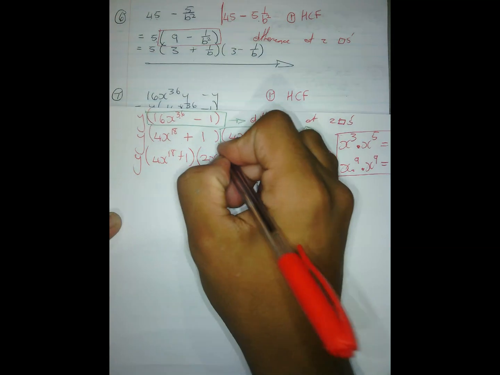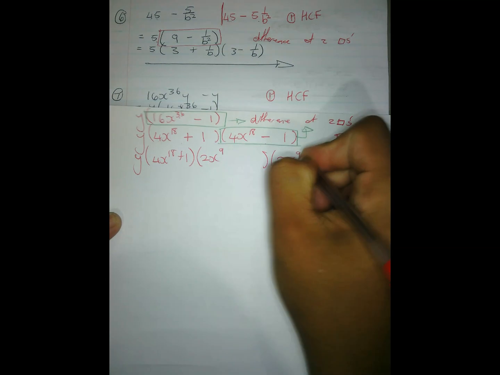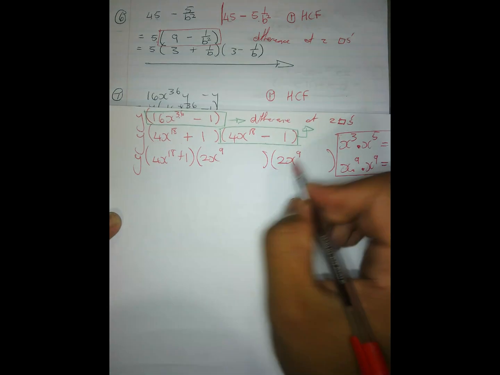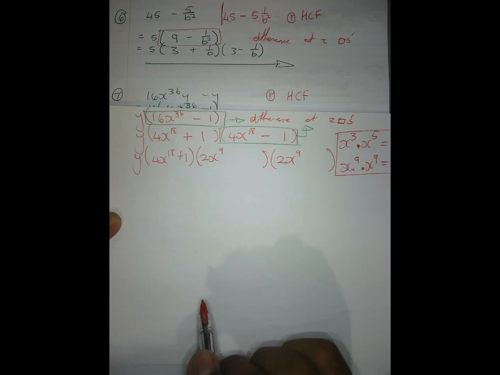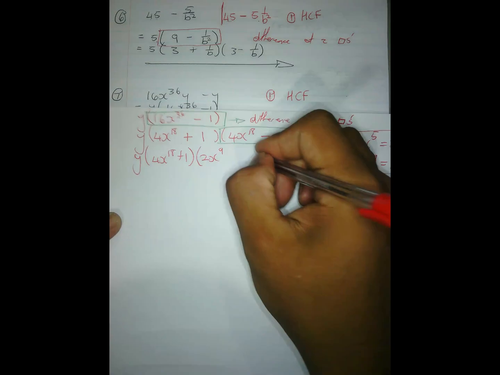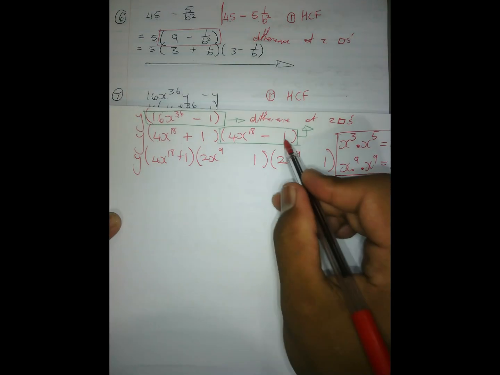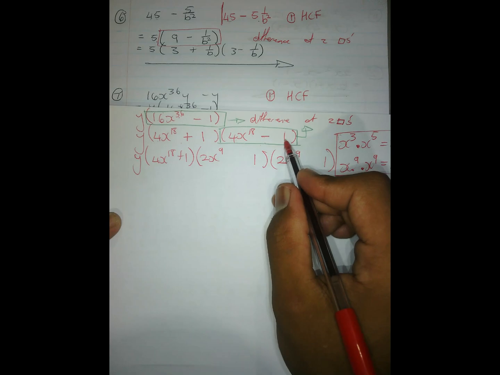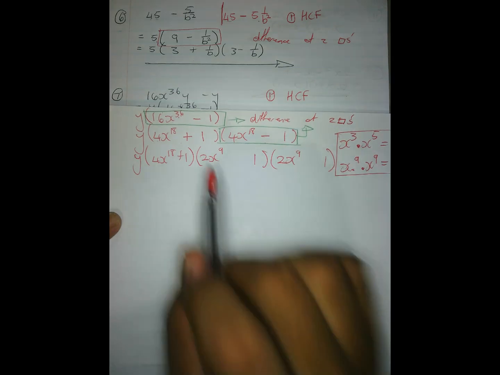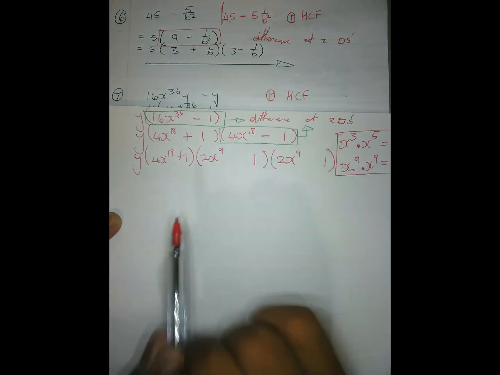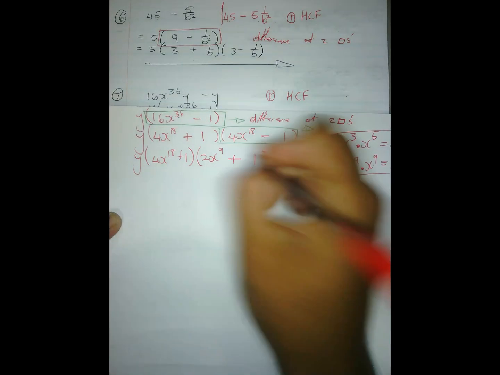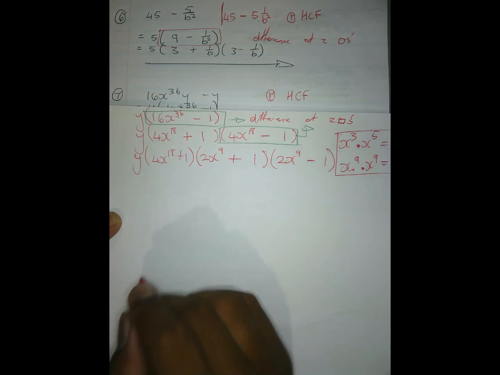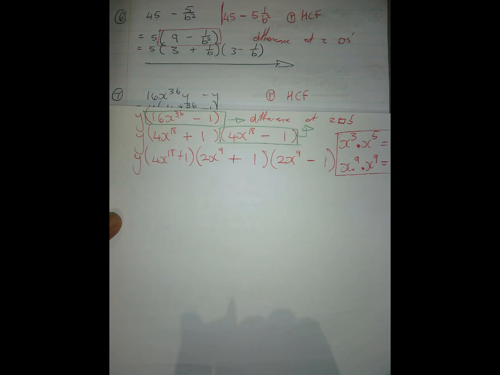So it's gonna be 9 times 9. 2x to the power of 9 times 2x to the power of 9 gives me 4x to the power of 18. Then very easily, it's a 1 times a 1 gives me 1. Then I have the same thing in the brackets for difference of two squares, and then one gets the plus sign and the other one gets the negative sign. Doesn't matter which one.